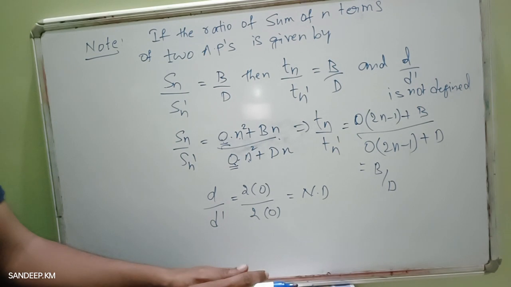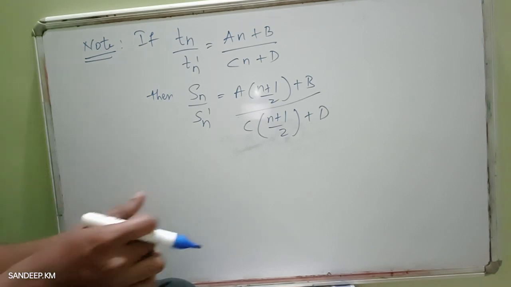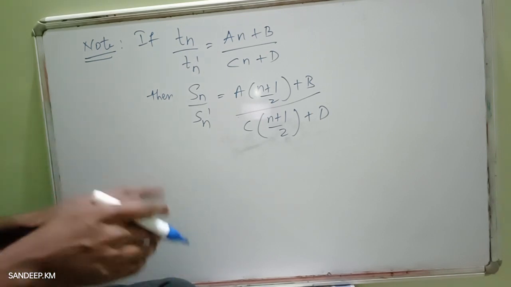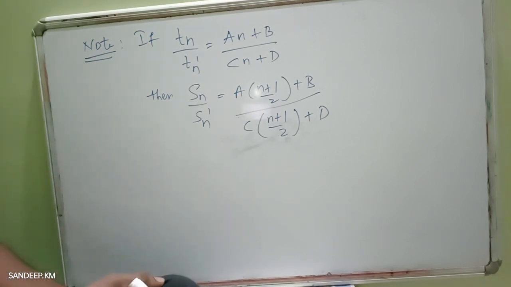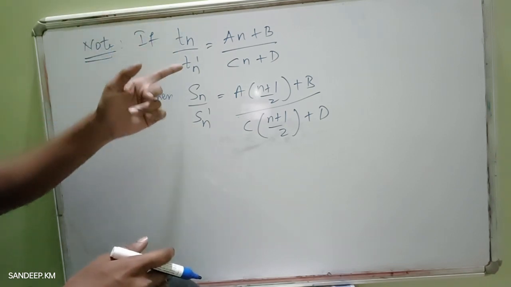And before going to the example, let us see one more note point. Let us see what this note is. In the previous model we have seen that they have given the ratio of sum of n terms, and using it we have found the ratio of nth terms.